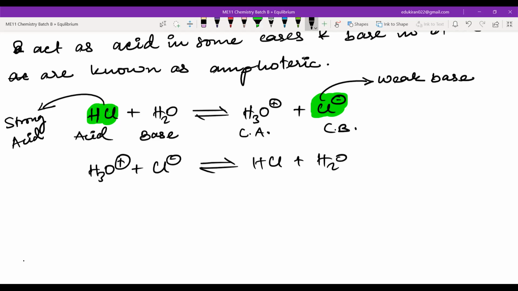Now we can write a relationship here. Strong acids have weak conjugate bases.